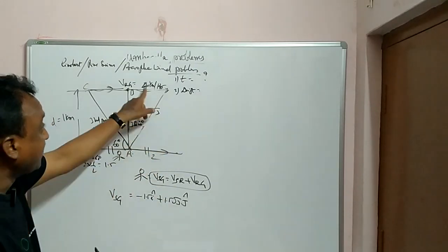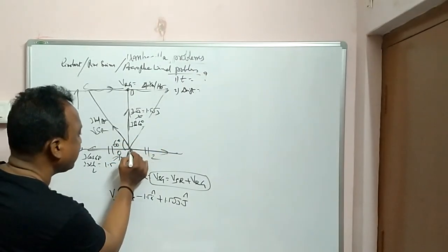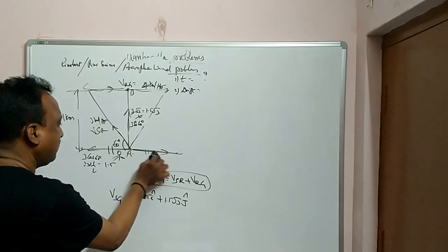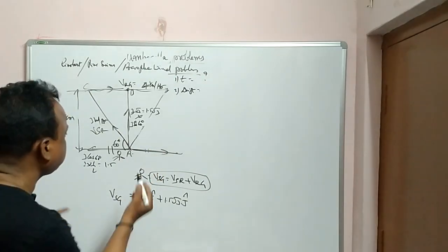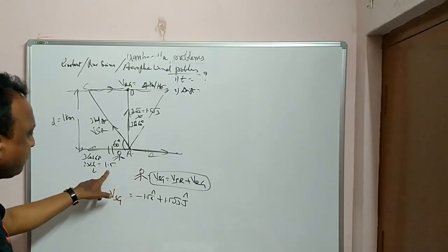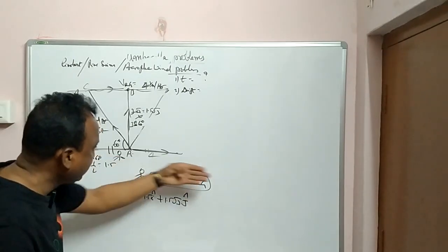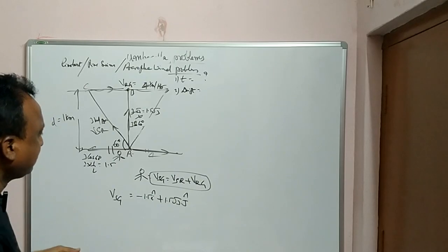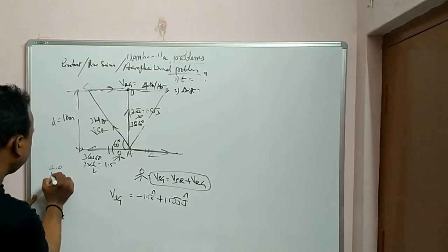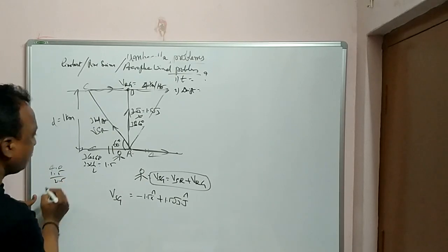But what is happening here? Water is also flowing in this direction at 4 kilometers per hour. Which is more? 4 kilometers is more than 1.5. So the net speed will be in this direction, that is 4 minus 1.5, 2.5.